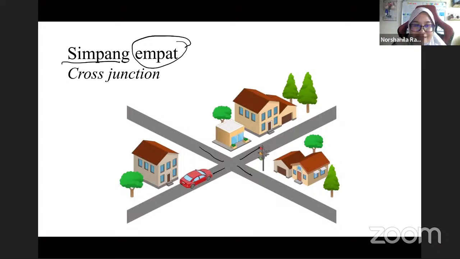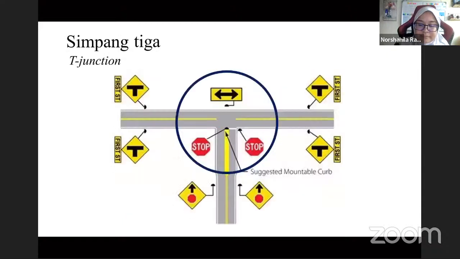So how many junctions that we have for a certain place, that's the way that we address. So for example, we have 5, so we call it simpang 5. Okay, like this one also we call a simpang 3 because they only have 3. 1, 2, 3.